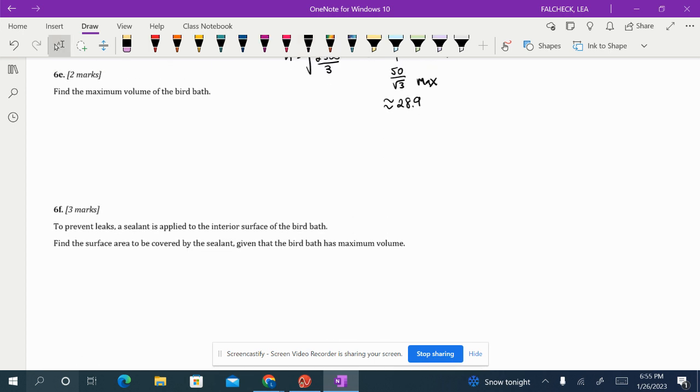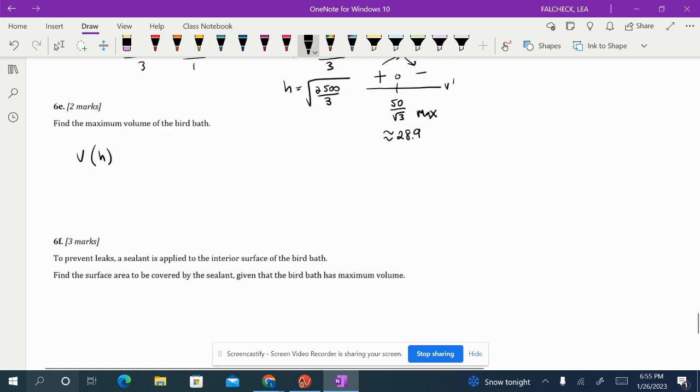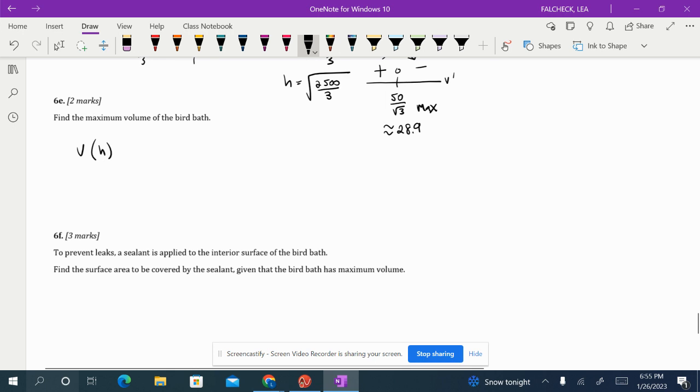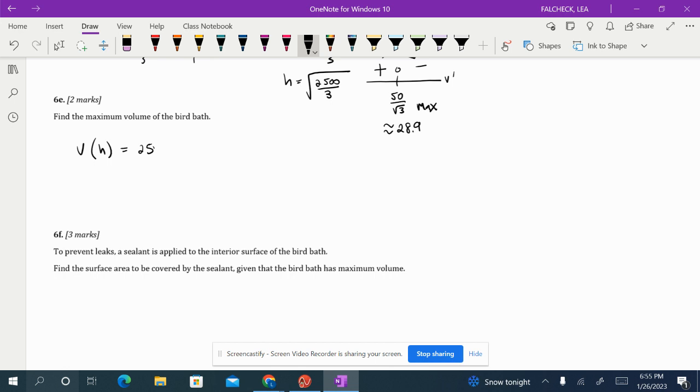6E, find the maximum volume of the bird bath. Well, we have an equation for volume as a function of height, and that's going to be taken from above. It's 2,500 pi h divided by 3 minus pi h cubed divided by 3.